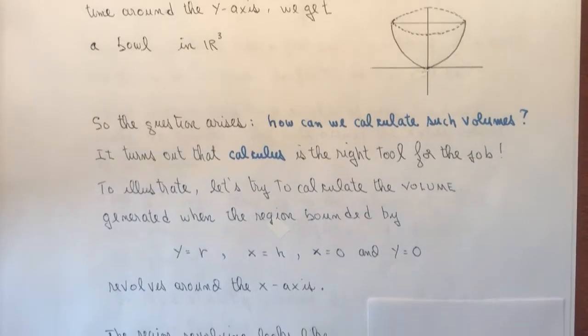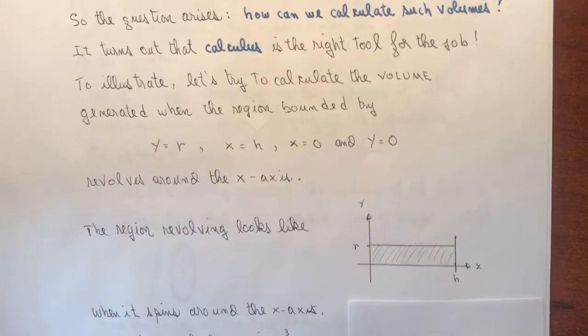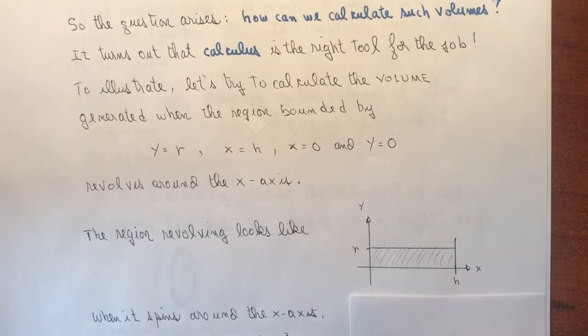What does the region look like? So y equals r is a horizontal line, and x equals h is a vertical line. With my two axes, I definitely get something like that. So a good old plain rectangle with a height of r and a width of h.